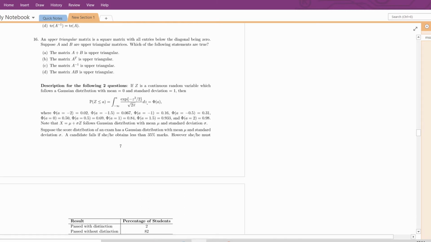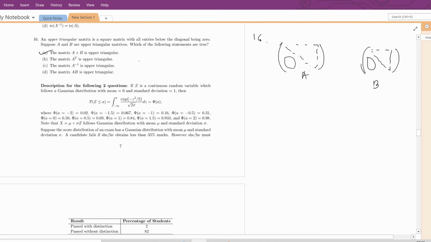Question number 16. An upper triangular matrix is a square matrix with all entries below the diagonal being 0. A and B, suppose, are upper triangular matrices. Which of the following statements are true? These two matrices A and B are upper triangular, where this portion is filled with numbers and these parts are all zeros, and similarly here. Then A plus B is also an upper triangular matrix. This is true. The matrix A transpose is upper triangular.